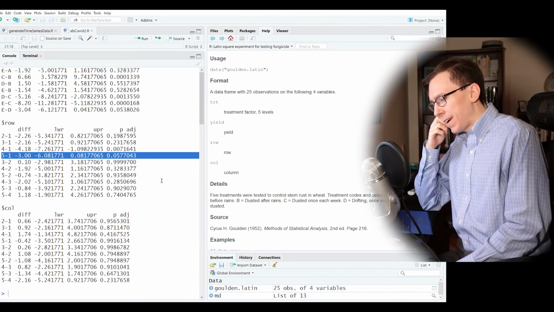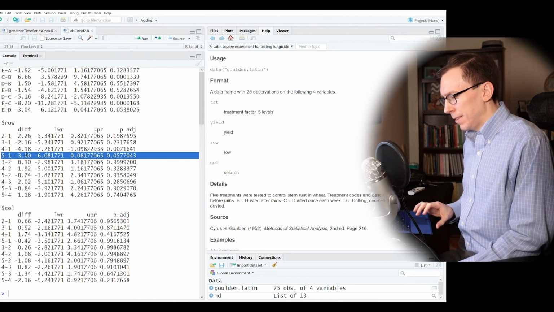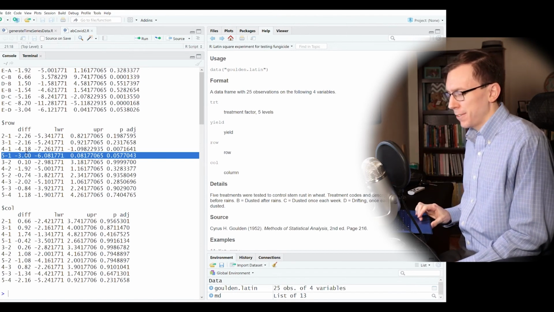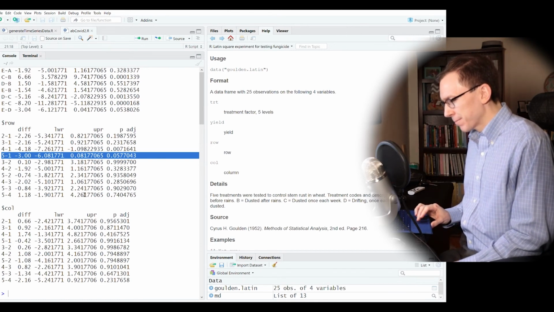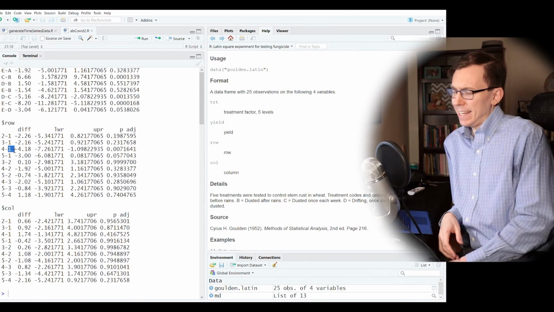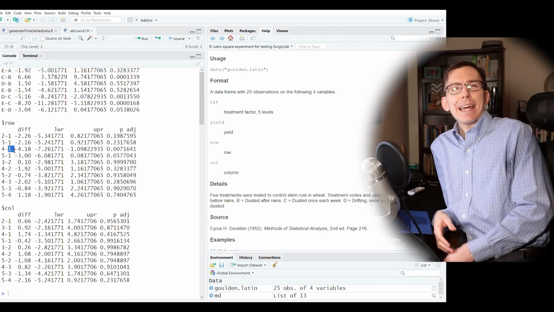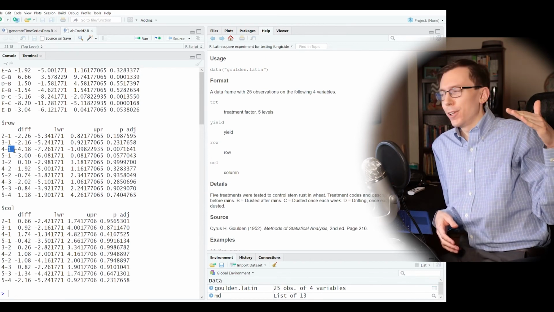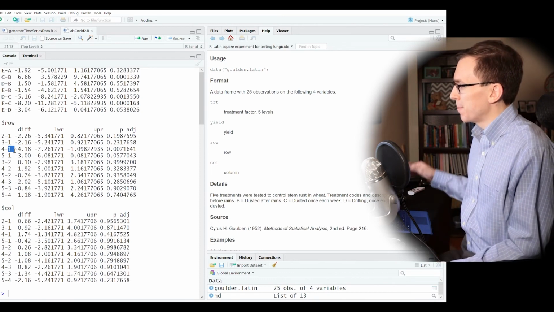But at least between 1 and 5, we say, okay, there might be a significant difference. It's kind of close. The rest of them do not look very significantly different at all. So it's kind of hinting that maybe something's happening as we go from row 1 all the way up to rows 4 and 5 as we move through the rows.